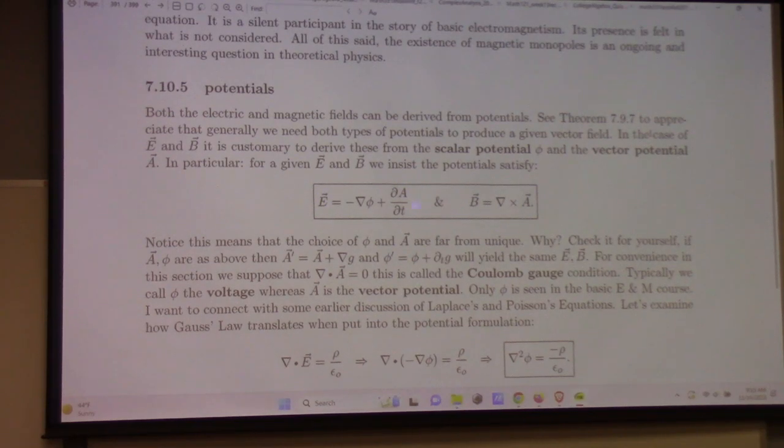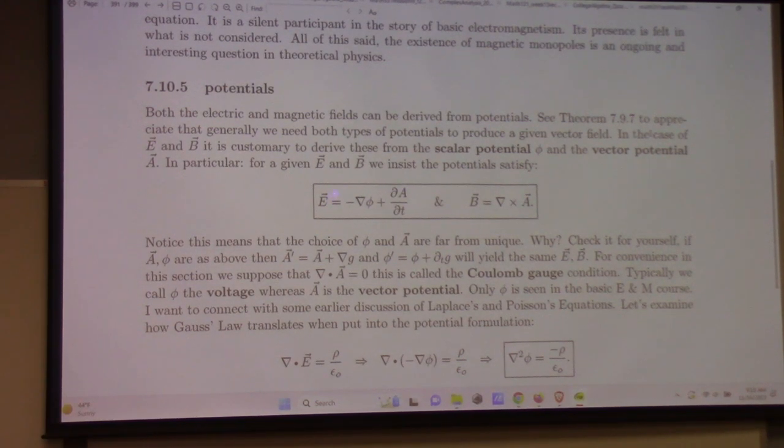It turns out that if you have the electric field as the negative gradient of phi plus the time derivative of the vector potential, and the magnetic field similarly from A, then you can derive the electric and magnetic fields to satisfy Maxwell's equations, provided that you construct the voltage and the vector potential properly.